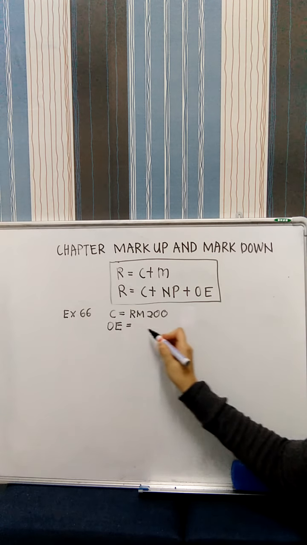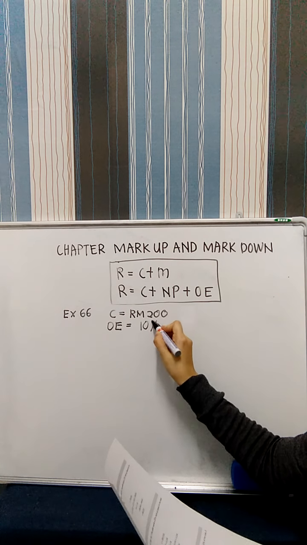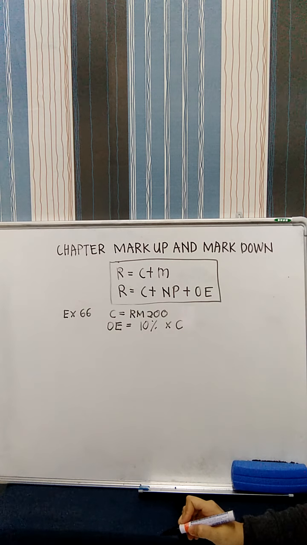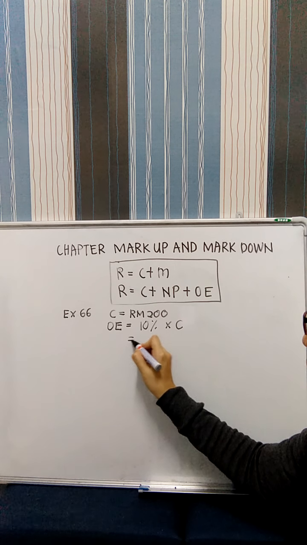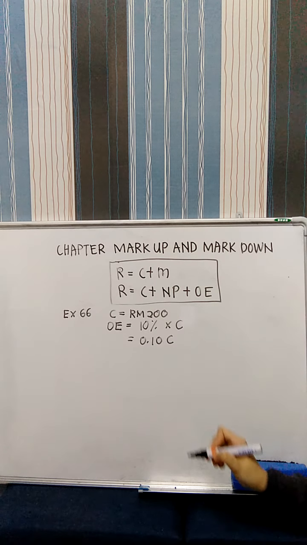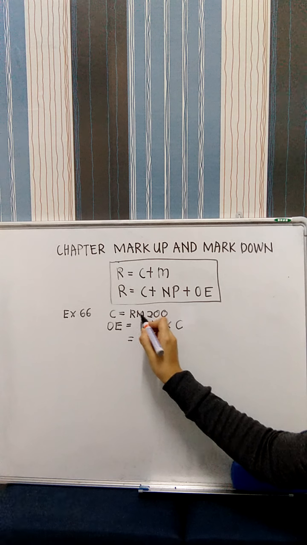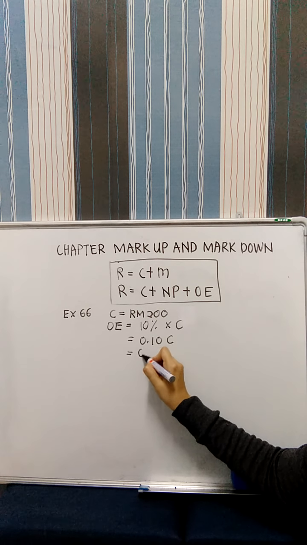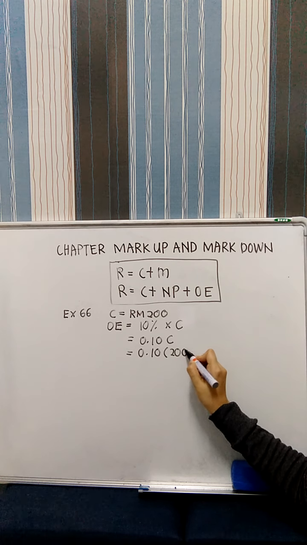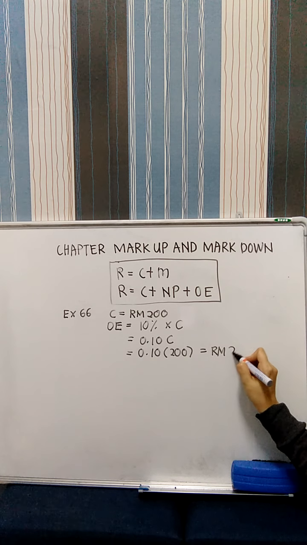It mentioned 10% of the cost, which means 10% times the cost C, so 0.10 C. You have the value of C as 200, so you can calculate 0.10 times 200. So the answer is RM 20.